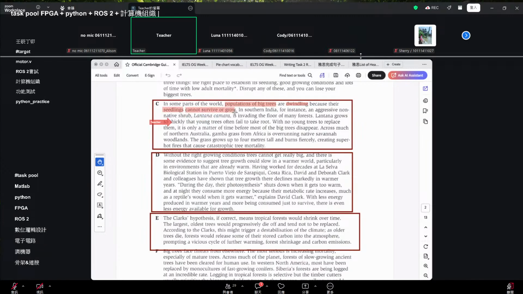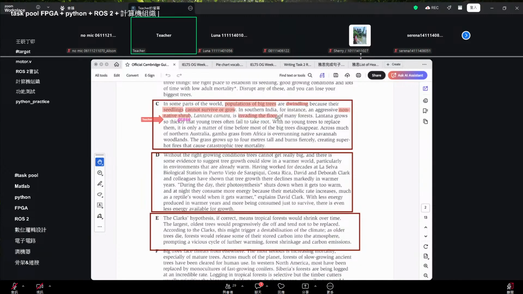Okay, so this particular paragraph is to tell us about the reason, perhaps, why those big trees' babies cannot survive or cannot grow. Okay, the first, in South India, for instance, is an aggressive non-native shrub called Lantana camara. Okay, so it's a non-native, an invasive alien species. Shrub means grass. Let's just write it down this way. A kind of grass called Lantana camara, invading the floor of many forests.